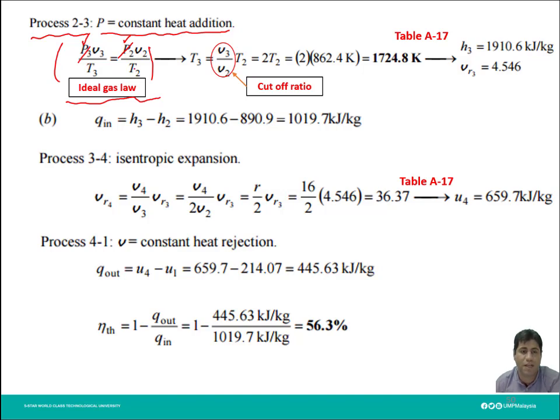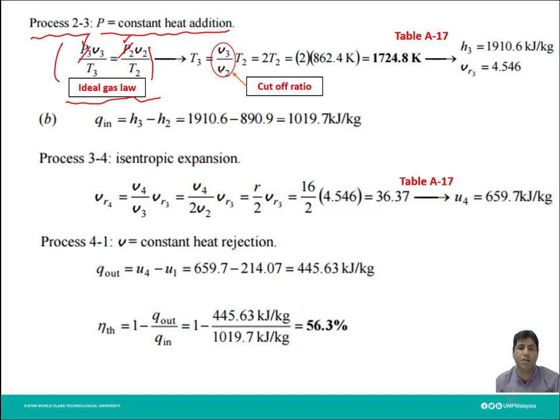If we restructure this equation in terms of only T and V, the temperature at state 3, temperature at state 2, and volume at state 3 and volume at state 2, T3 will be equal to V3 divided by V2 times T2.